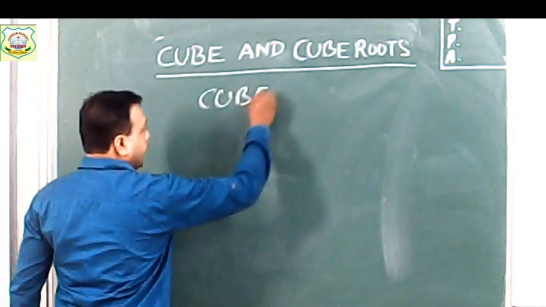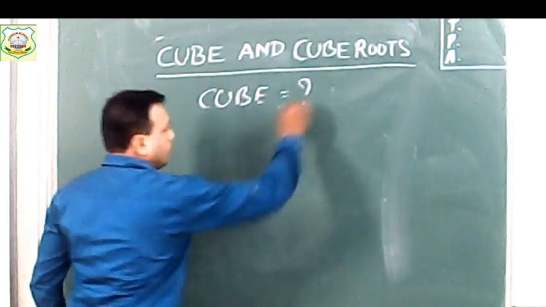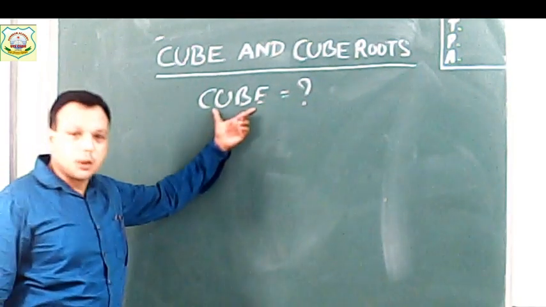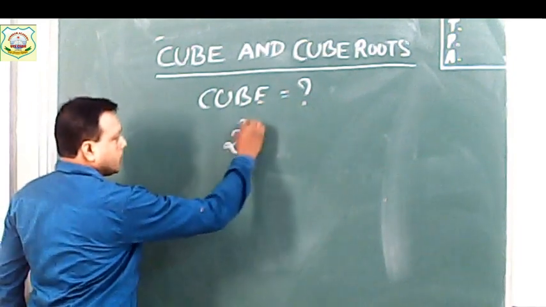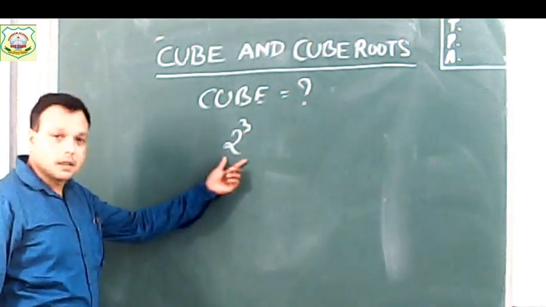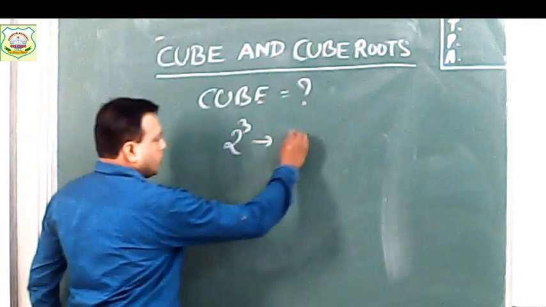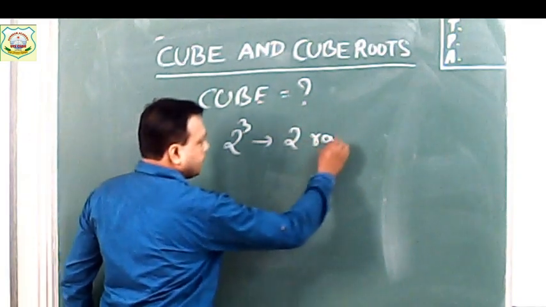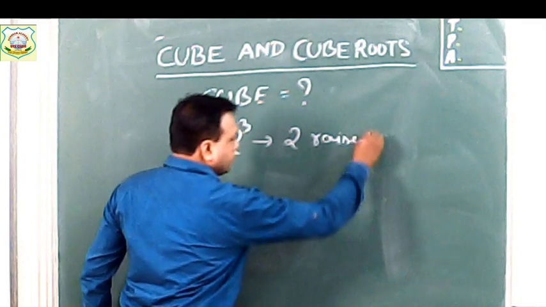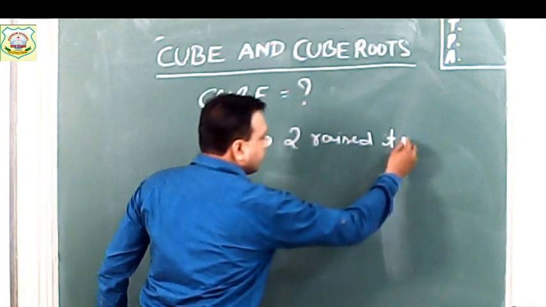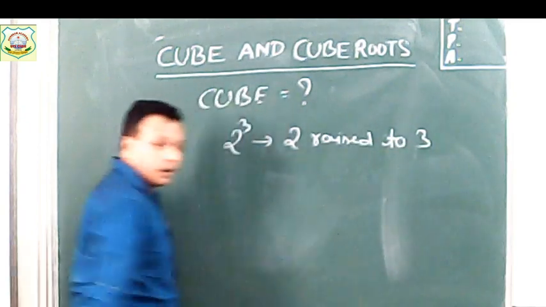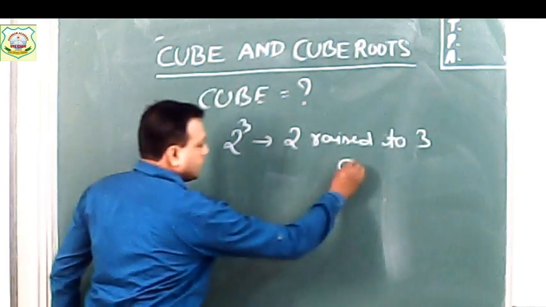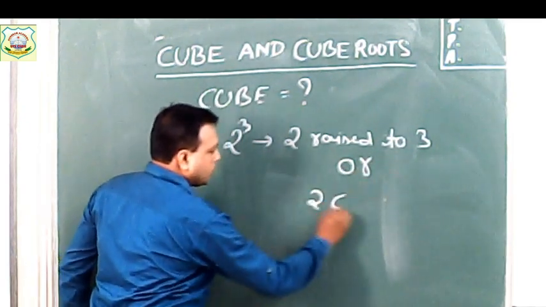Students, we have already read what the meaning of the cube is. Suppose we take example 2 power 3. What can we say? 2 raised to 3, or 2 cube.